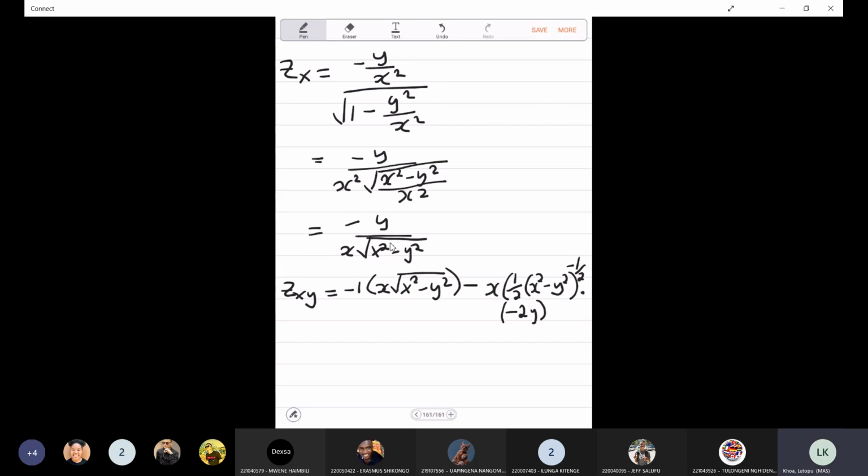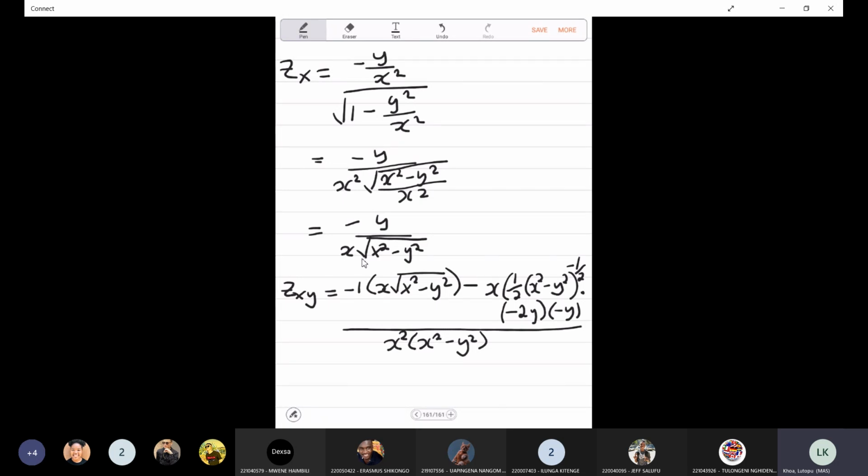And then we have to multiply by the numerator the way that it is. Okay, and then in the denominator we square. So you'll get x times x squared minus y squared, x squared.